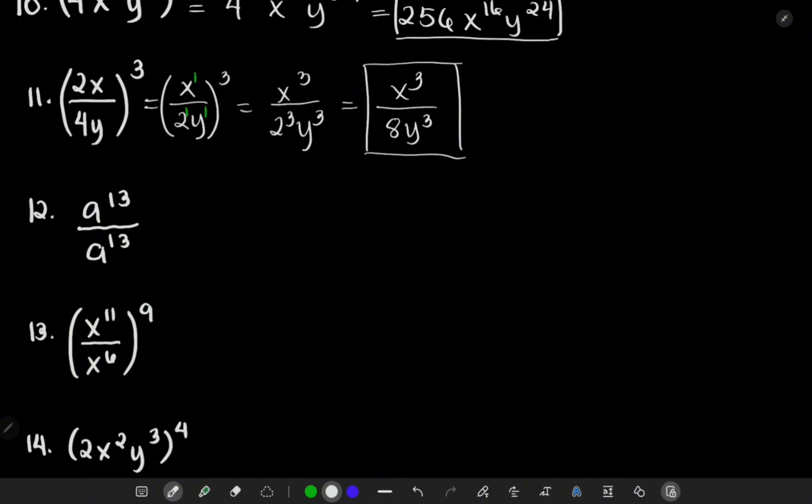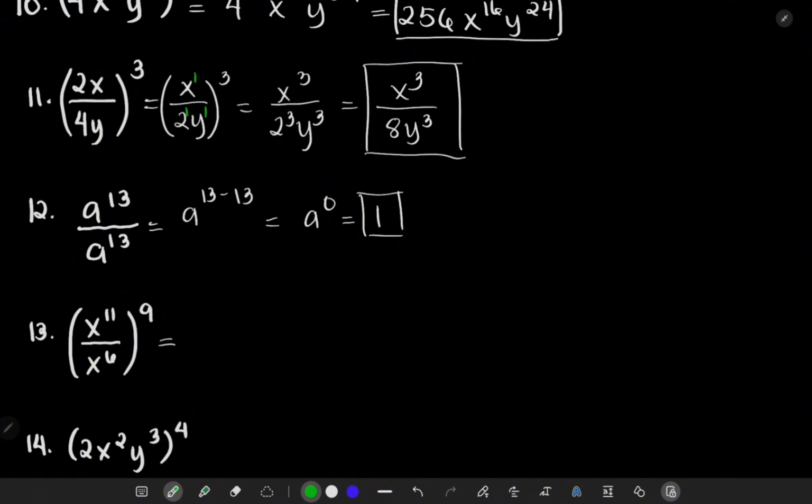Then for number 12, so we have a raised to 13 minus 13. That is equal to a raised to 0. And again, take note that any expression raised to 0 is 1. And number 13, we can use here the power of a quotient.